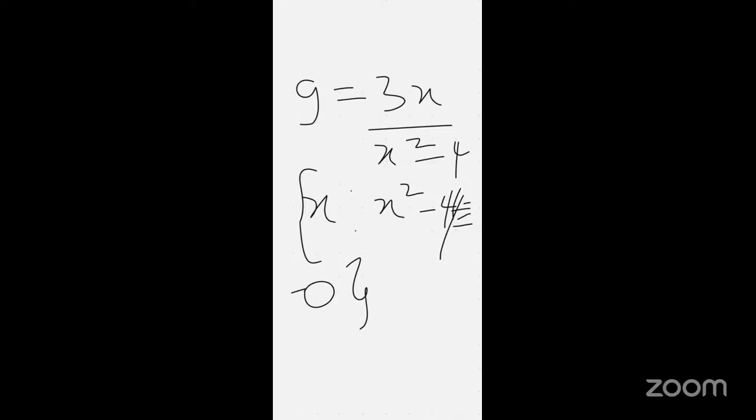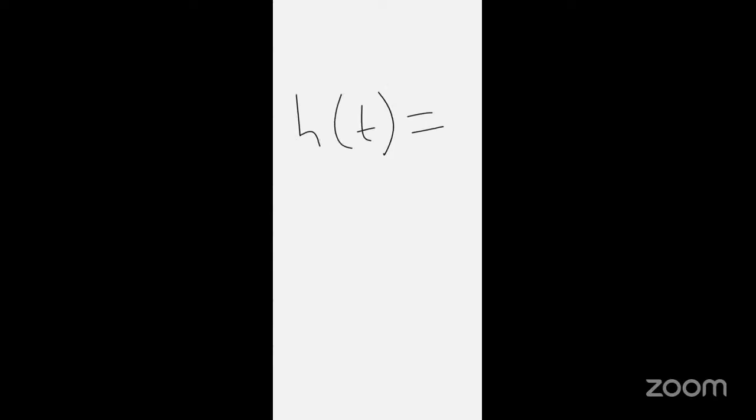But any number that will not make our denominator equal to 0 is a domain of that function. So we can have more examples. Another example of a domain is h of t equals the square root of 4 minus 3t.